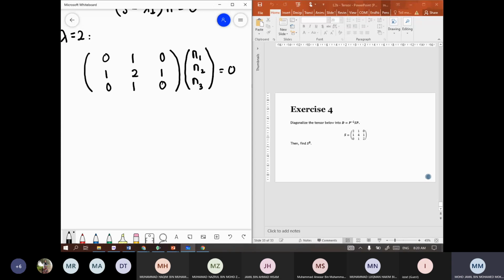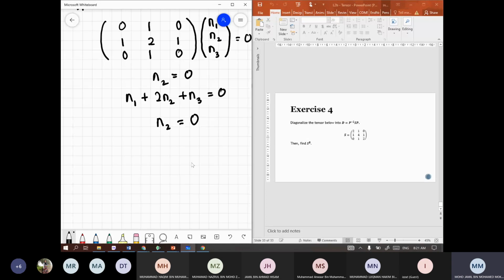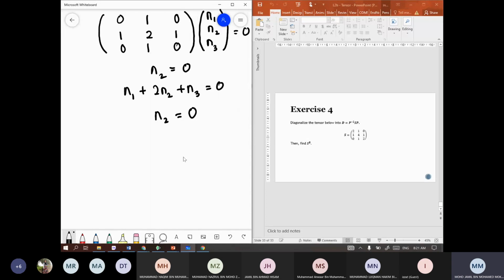So you get n1 equals 0, n1 plus 2 n2 plus n3 equals 0, and then another one is n2 equals 0. So here you get n2 equals 0, then we are only left with this middle equation. So we need to find n1 and n3.